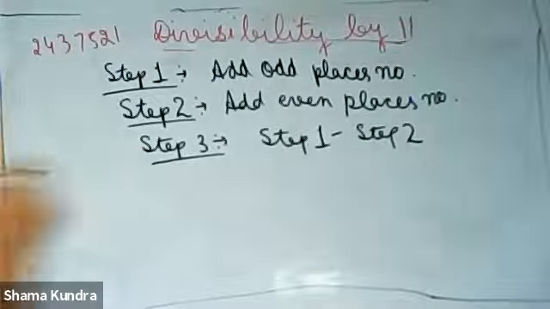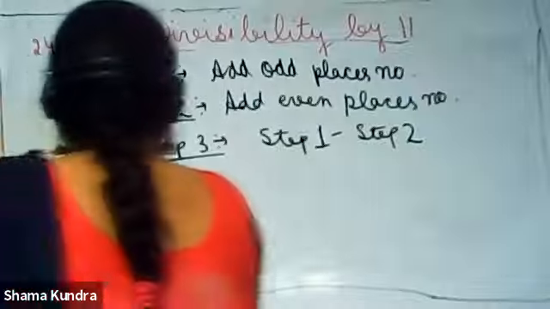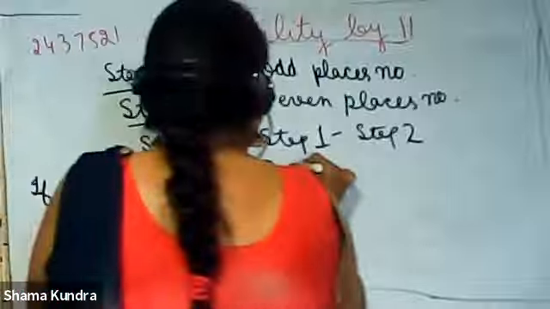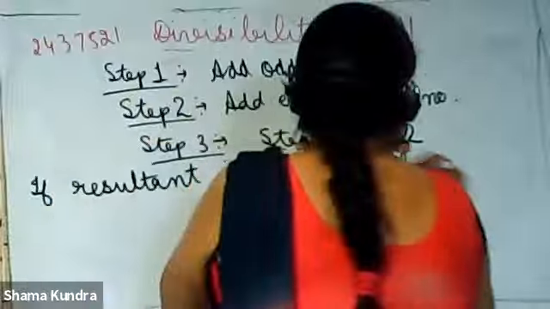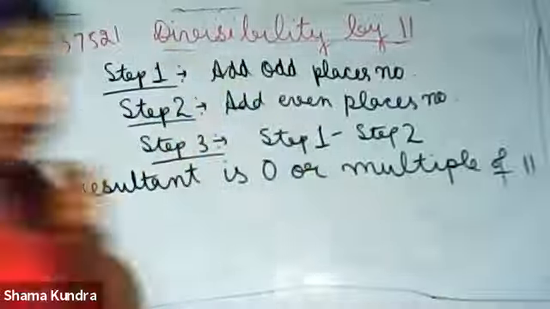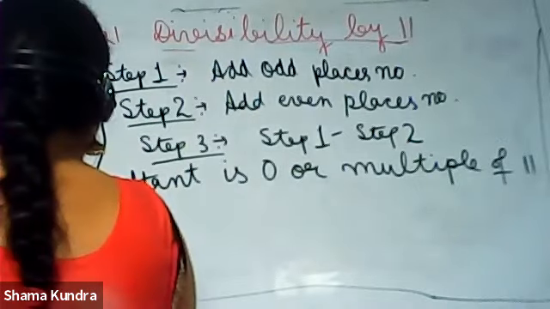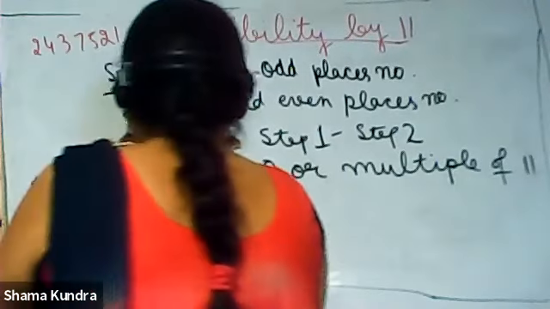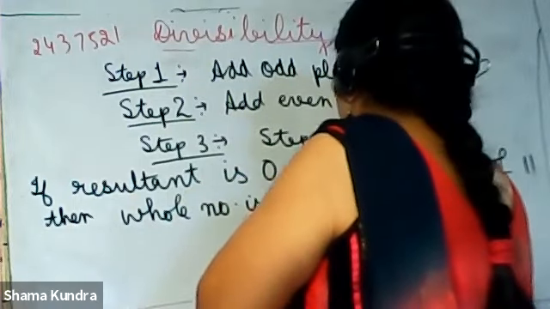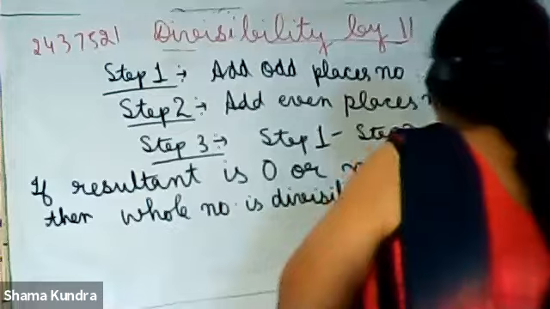If the resultant is 0 or a multiple of 11, then the whole number is divisible by 11.